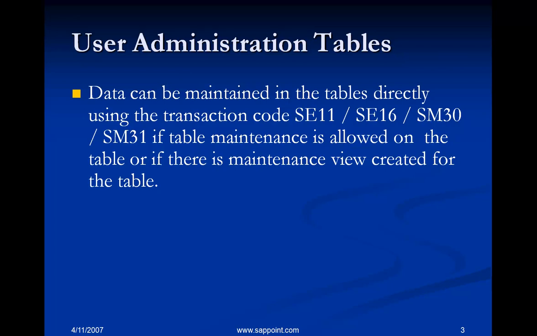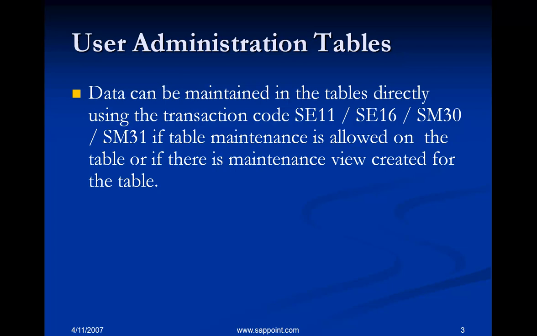If it is mentioned that the table maintenance is allowed, then you can use SA16 technically to go and modify some record in the table directly. Or in some cases, if a table has a maintenance view created for it, then you could use SM30 to maintain those tables. But SAP does not recommend doing table maintenance directly.